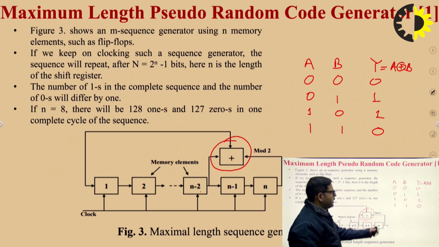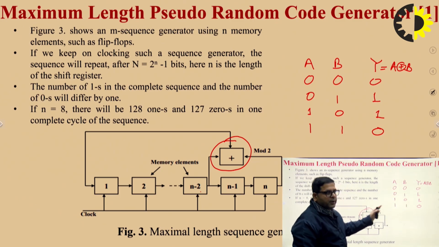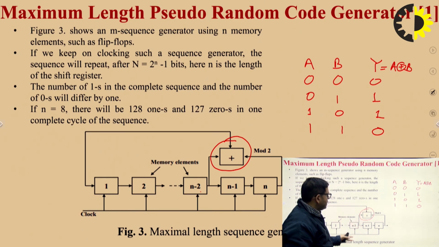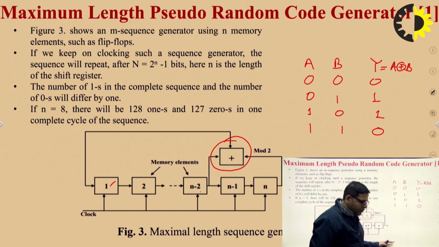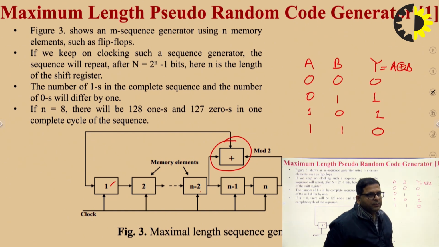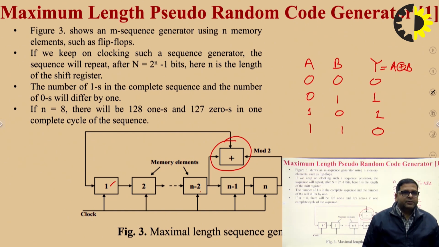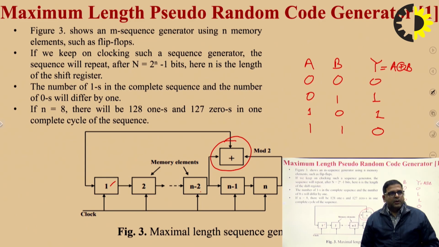So using these properties, we can easily perform the logical operation at each clock pulse and decide what input will be fed into the first flip-flop. So this is the basic block diagram of a PN sequence generator, which generates a maximal length sequence.